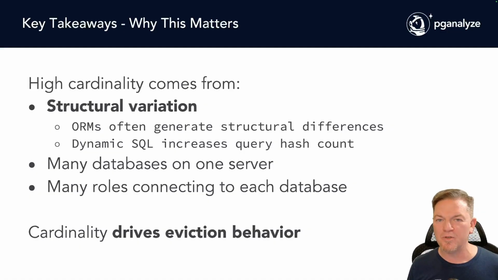Dynamic SQL that we're producing can create multiple unique entries when we didn't expect it. When you run many databases on one server, remember, pg_stat_statements is one in-memory hash table for the entire Postgres server, regardless of how many databases you have. And if you are connecting with many, many roles to do the same thing, you're going to end up with unique entries, even if you only have one or two databases. High cardinality drives that eviction behavior.